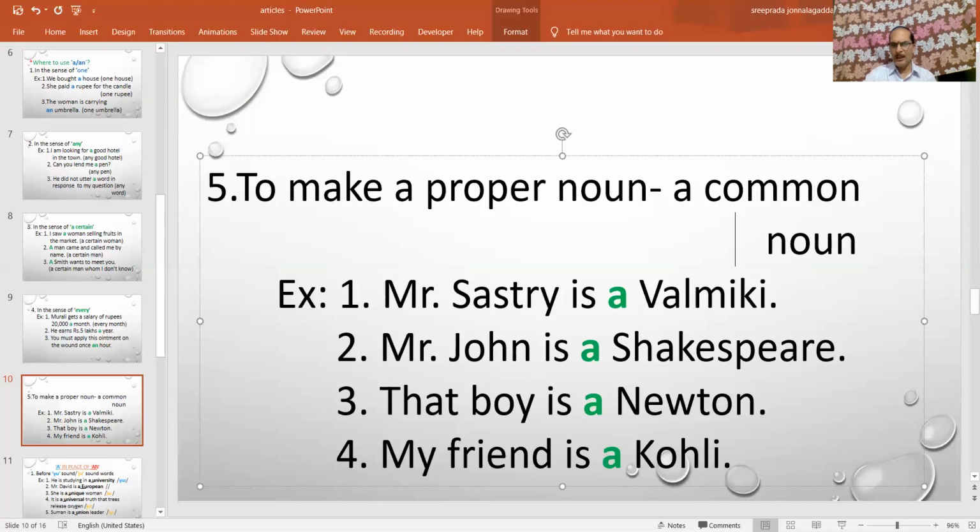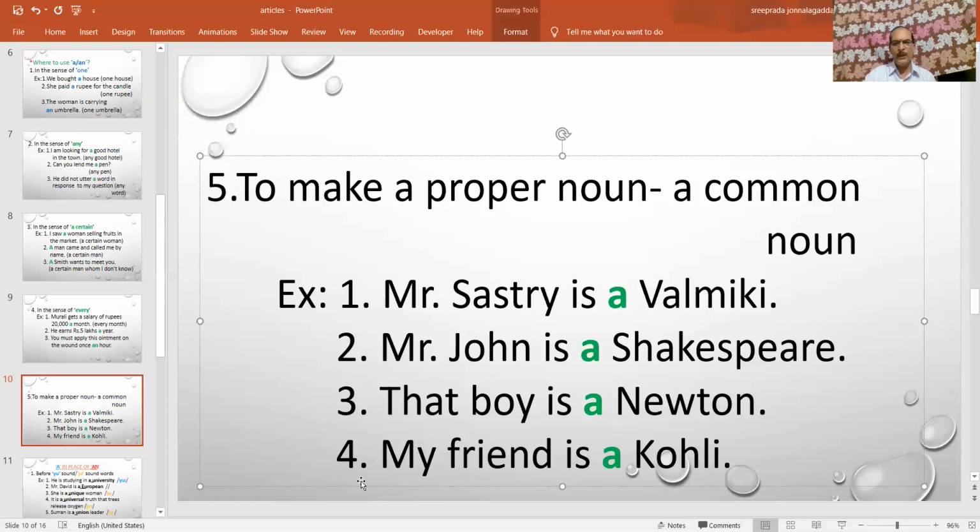There may be a boy who is very talented in science. You simply say that boy is a Newton. That boy is a Newton means a talented boy in scientific experiments. So by comparing that boy to this proper noun, you are reducing this proper noun to a common noun.